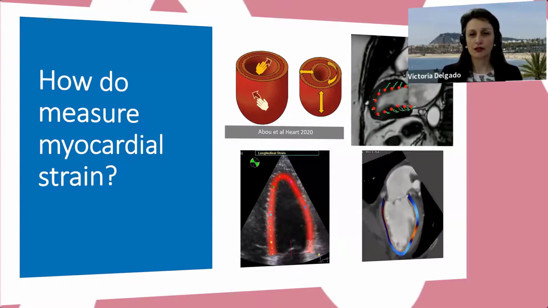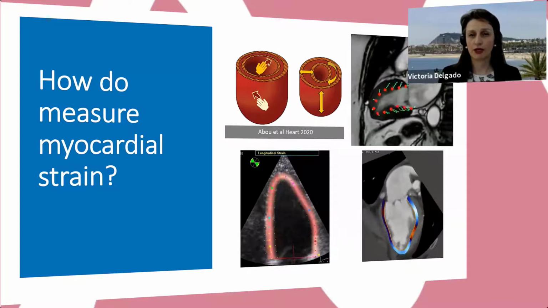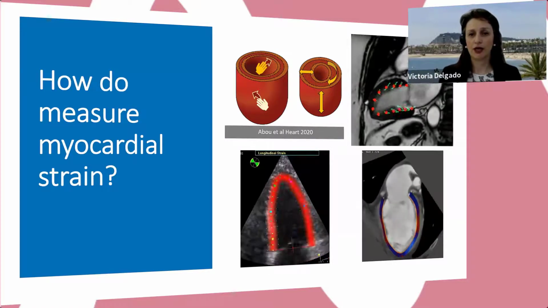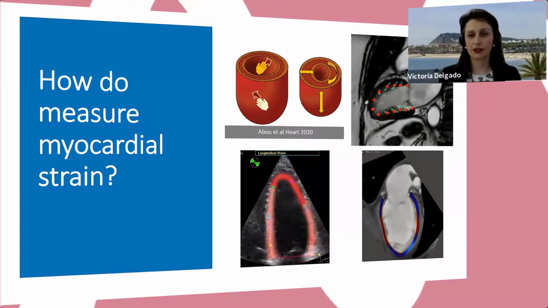And if we think that a myocardium is a three-dimensional structure, and we know the anatomy of the left ventricular myocardium, where we have two different layers of myocardial fibers oriented in a different way. In the subendocardium, we have a right-handed helix orientation, while in the epicardium, we have a left-handed helix.